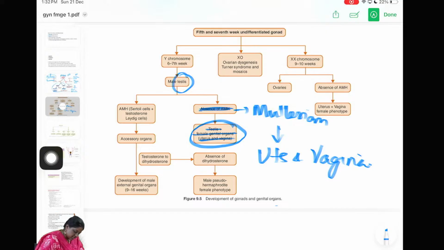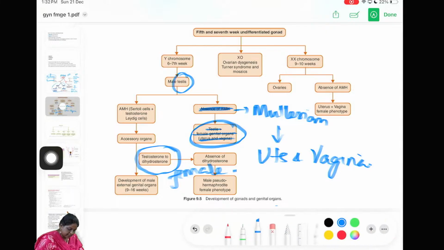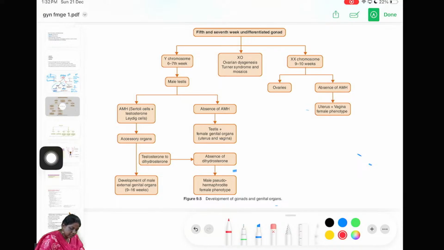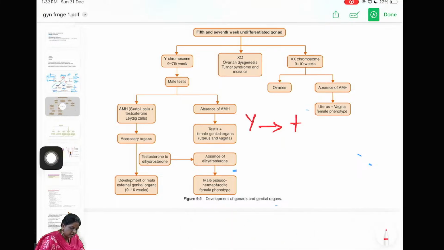Now, if testosterone or dihydrotestosterone is absent, then it will result in female external genitalia. Correct? You get the point? See, the Y chromosome is responsible for testis or ovary.